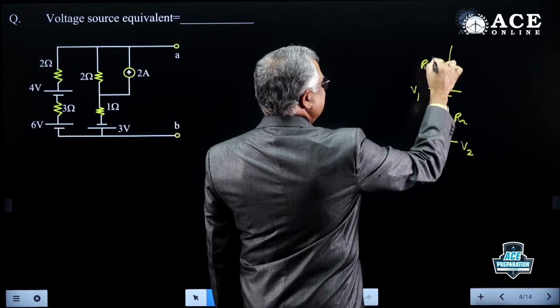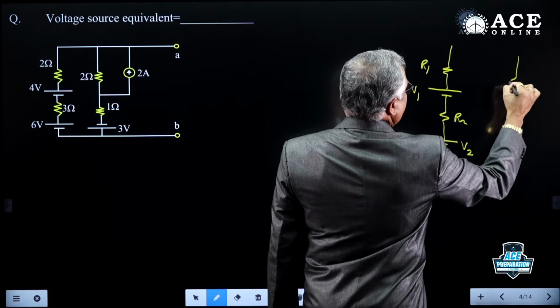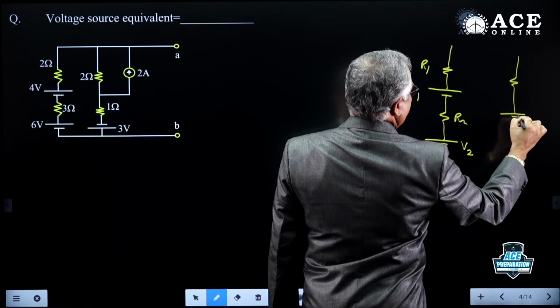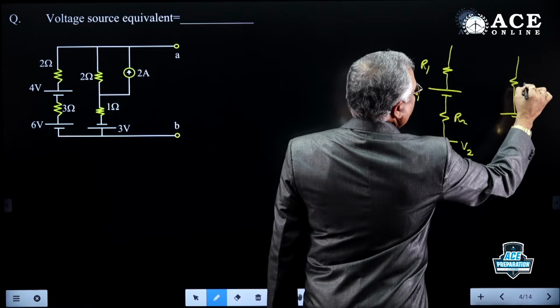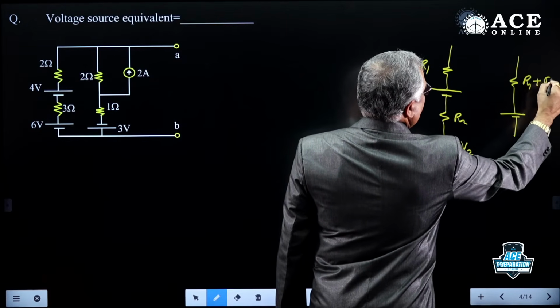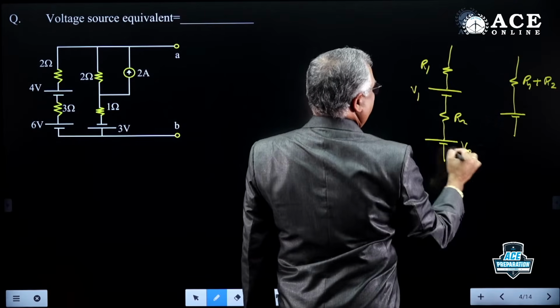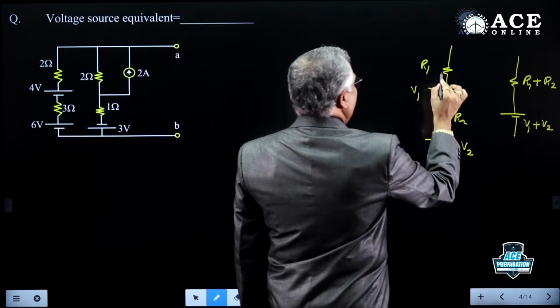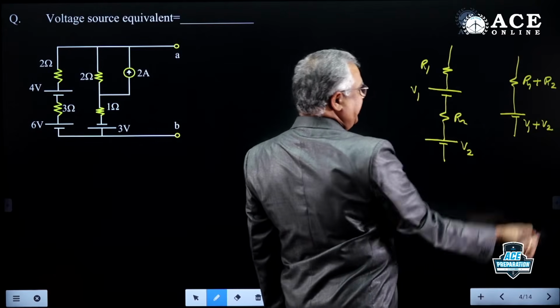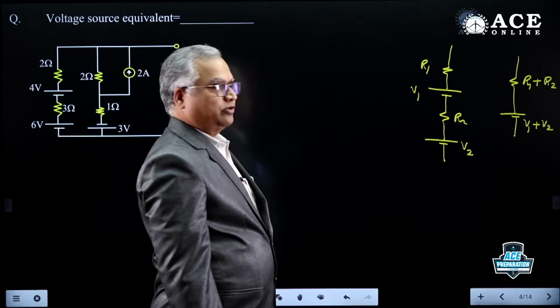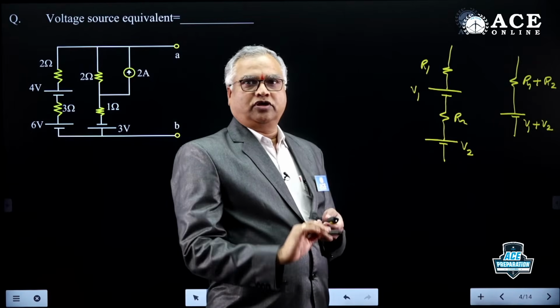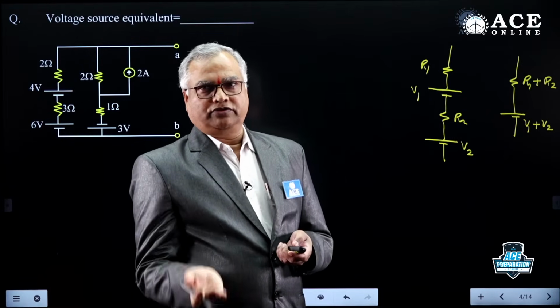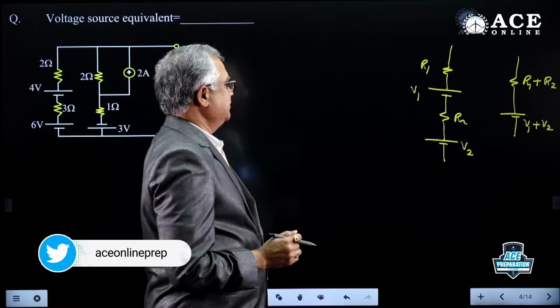Two voltage sources in series we can combine: R1 plus R2, and V1 plus V2. Voltage sources in series we can combine. But voltage sources in parallel, you can't combine directly. After converting into current sources only, we can combine.